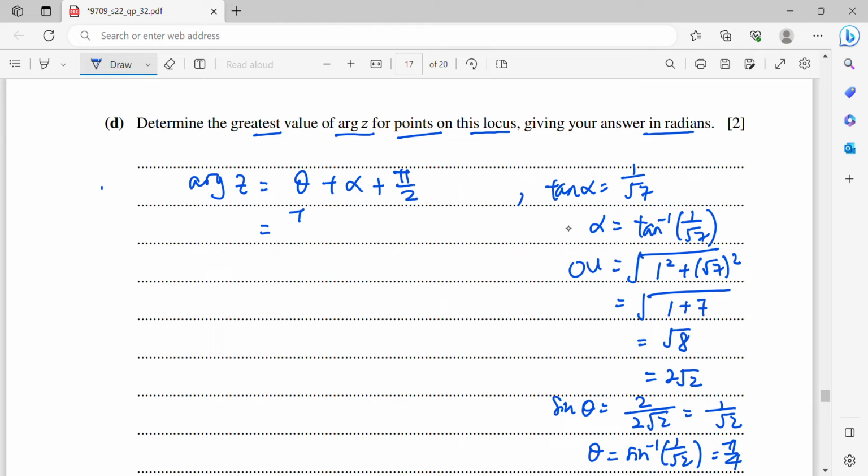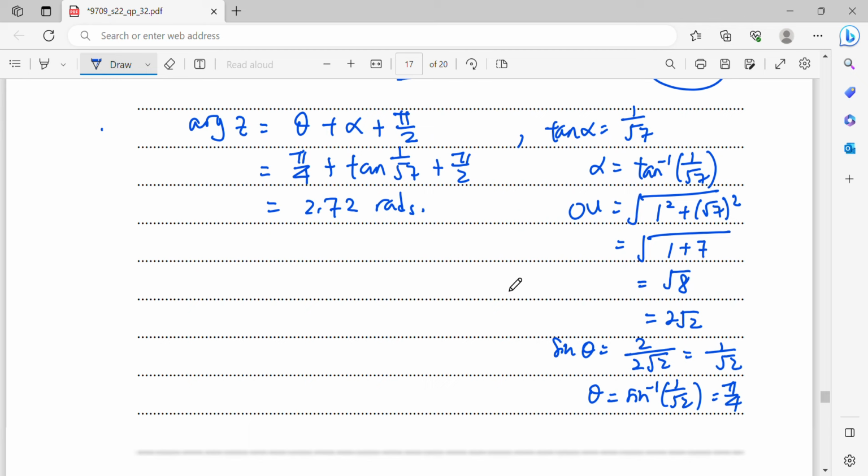Therefore, this is pi over 4, plus alpha, which is inverse tangent 1 over square root 7, then plus pi over 2. Now you need to leave your answer in radians. Therefore, when you add all this together, it becomes 2.72 radians. Okay?